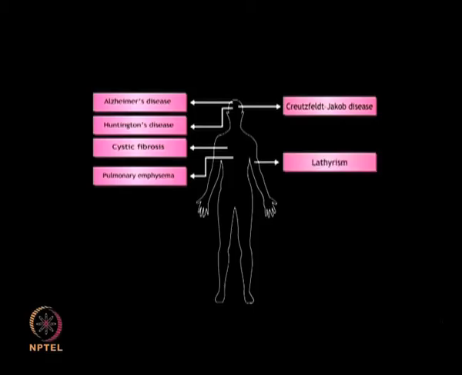Lathyrism. It is caused by regular ingestion of seeds from sweet pea, Lathyrus odoratus, which causes disruption of cross-linking in the muscle protein collagen. Collagen is a very important structural protein which has a triple helical structure. The cross-links are formed by the oxidation of lysine residues by the enzyme lysyl oxidase to form allysine.